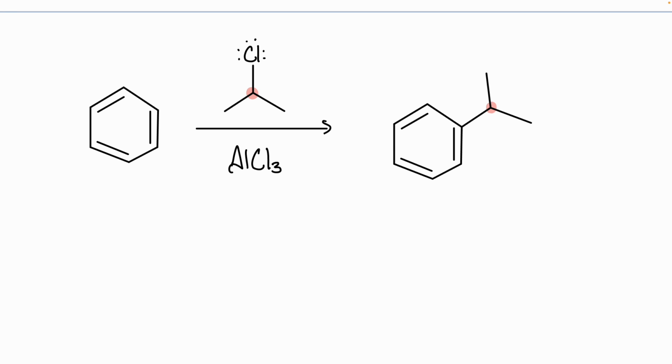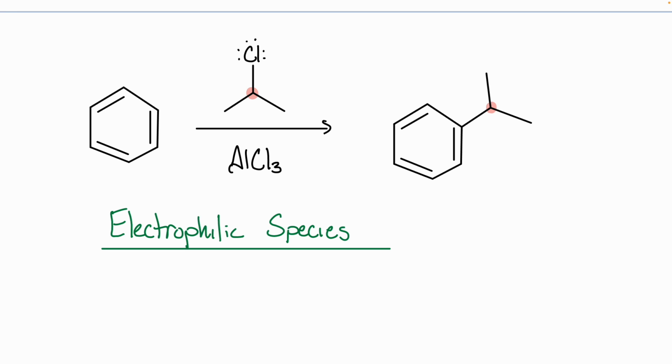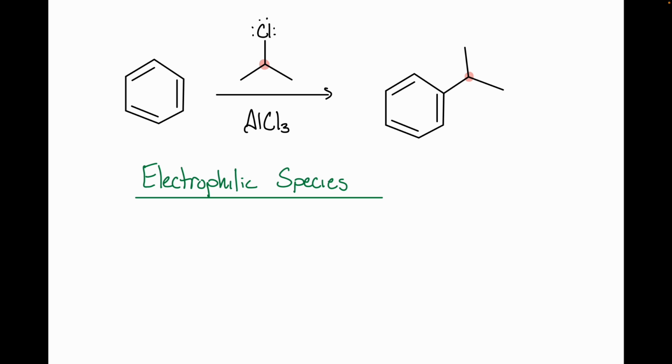So why is that? Let's remember, let's draw our electrophilic species. All right, well, that aluminum chloride is going to remove that chlorine, leaving us with a carbocation.